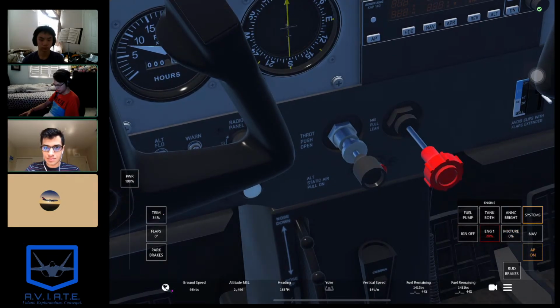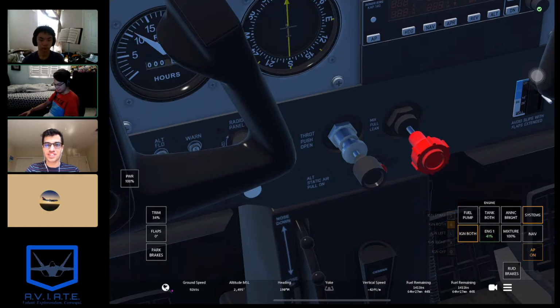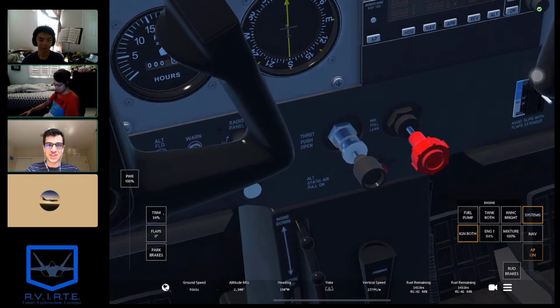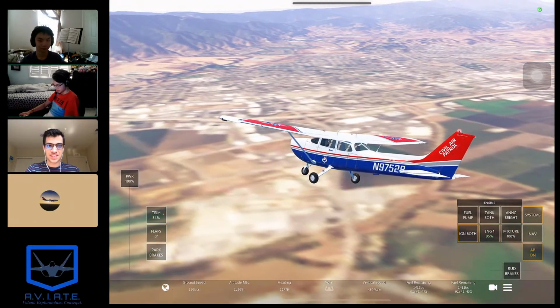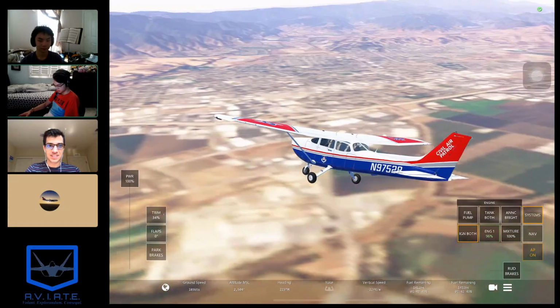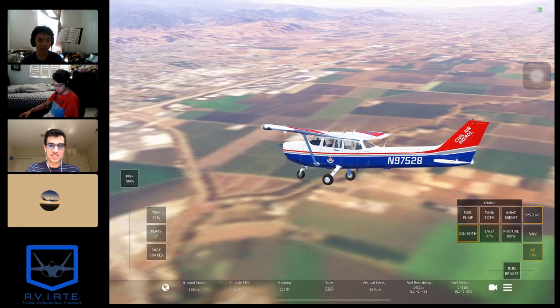Oh, my engine just died. The red knob does move. No worries, I'm just going to restart the engine. I hope I didn't lose altitude. Okay.